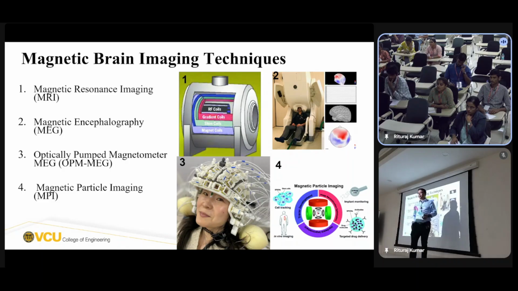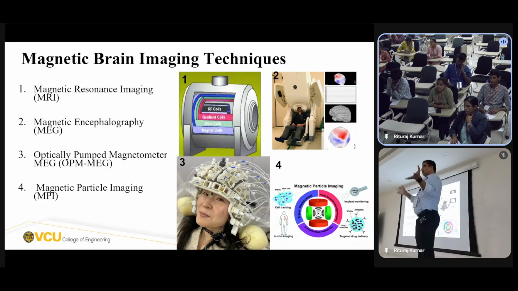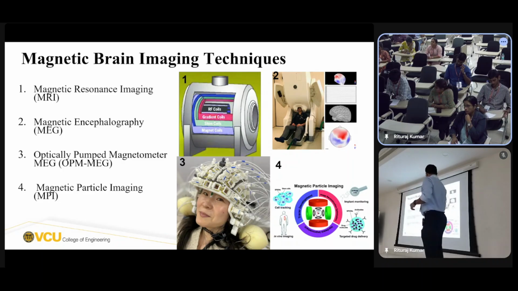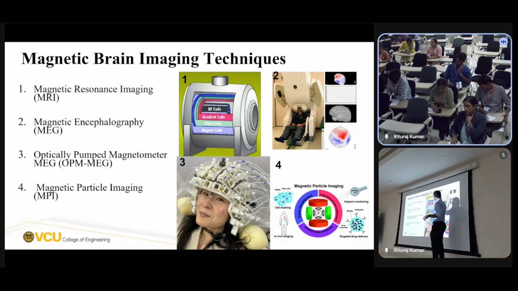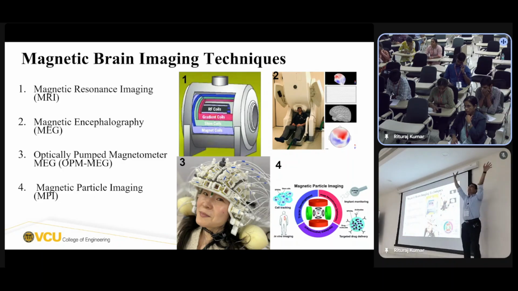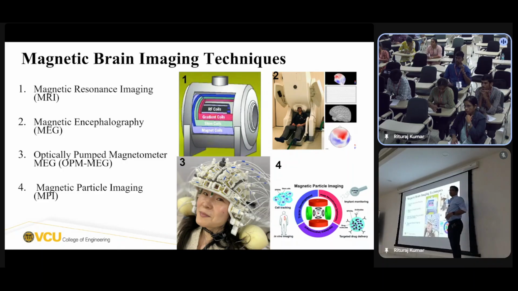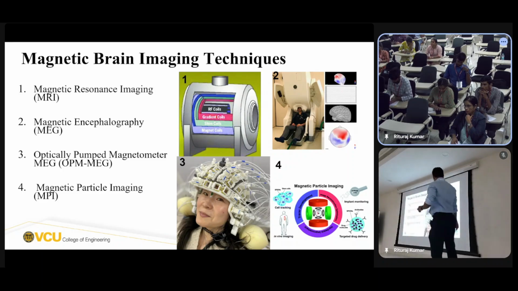MRI is $1 or $2 million to set up because it has a 3 to 5 Tesla magnetic field in a large size, so that your body can go in. The MRI machine looks like this, your body goes in here. With MAG, you just put your head in like this and the whole machine goes up. This is a superconducting magnet here, and it images your brain. And this is the optically pumped magnetometer.